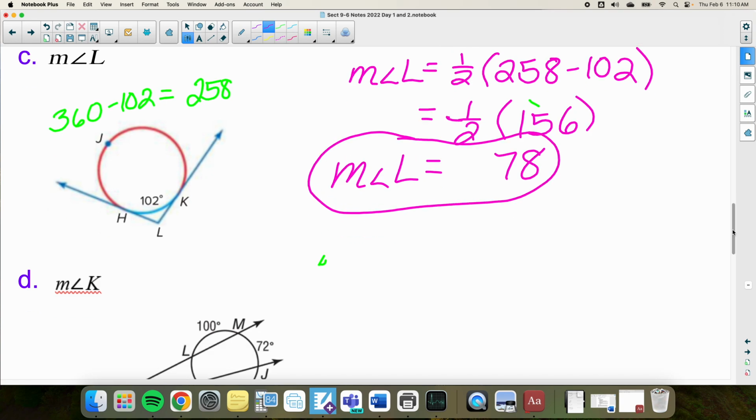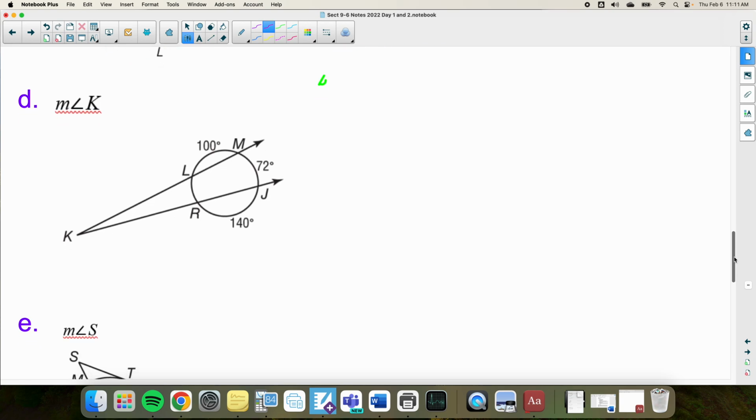Okay. Now if I go down here, could I find this little arc right there? Yeah. I could add these 3 together and then subtract from 360, right? 100 plus 72 plus 140 is like 240 plus 72, which is 312.